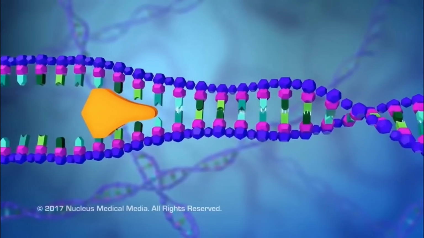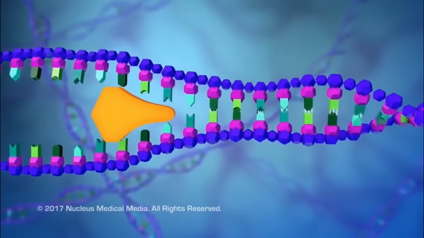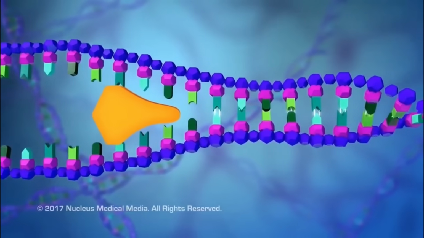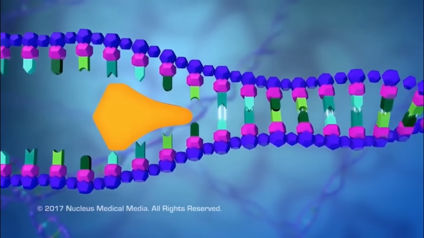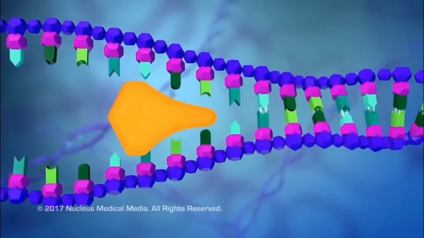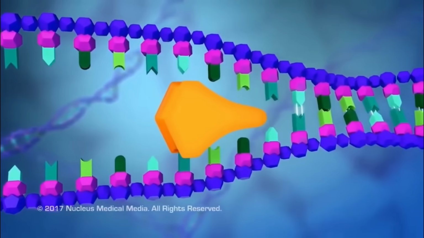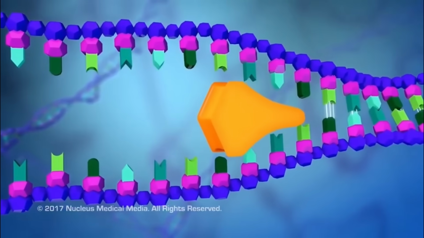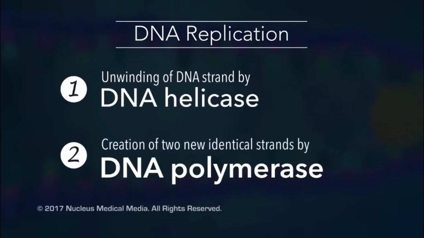Each separate half of the DNA can now serve as a template or pattern for the creation of a new strand of DNA. This separation exposes all of the nitrogenous bases on both sides of the DNA to the environment within the nucleus, where free nucleotides are present. This brings us to the second step in DNA replication, the creation of two new identical DNA strands.